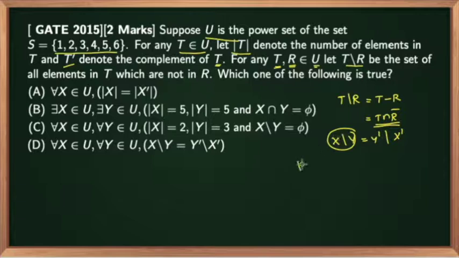That is x minus y, that's equal to x intersection y bar, right? Now what is y bar by x bar? That will be y bar minus x bar. So that will be equal to y bar intersection x, right? So these two are equal. So that is what the predicate says. So answer should be D.